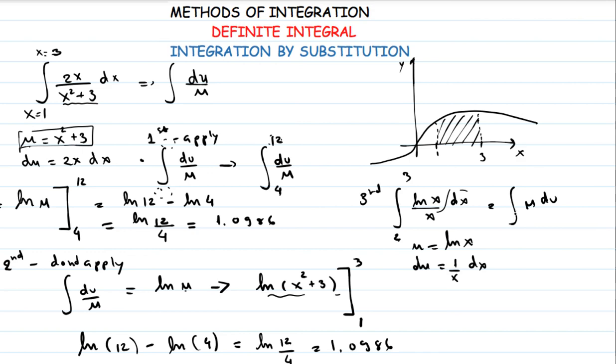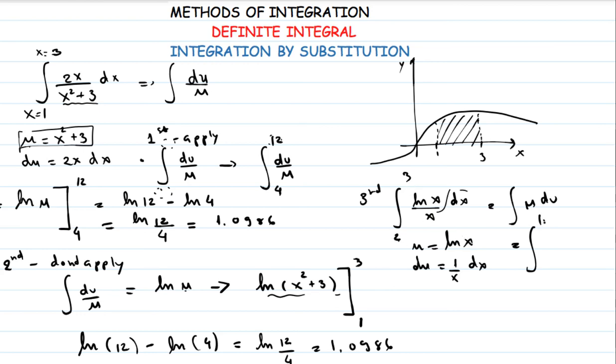We need to put our boundaries here if you want. In this case, you're going to just go straight with the boundaries. So what we're going to get here is u, you're going to now apply some limits of this. Now our limits for x were x is equal to 3, x is equal to 2. Now if you take our function in terms of u, our limit is going to be natural log of 3 for the upper, we're replacing x by 3, and for the lower 2.